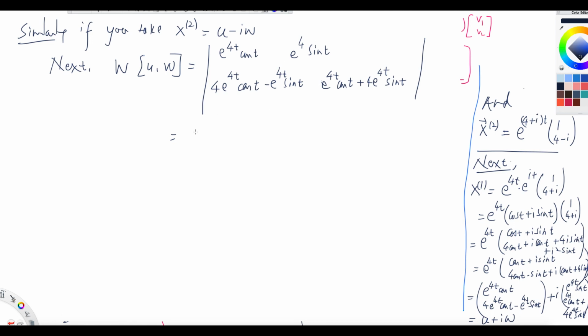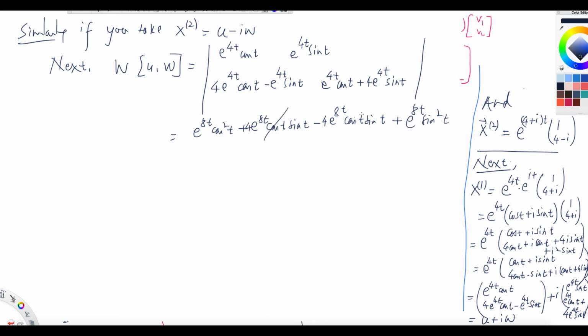You get e to the 8t cosine squared t, plus 4 e to the 8t cosine t sine t. Now minus this times that, because it is the negative multiplication: minus 4 e to the 8t cosine t sine t, and then plus e to the 8t sine squared t.